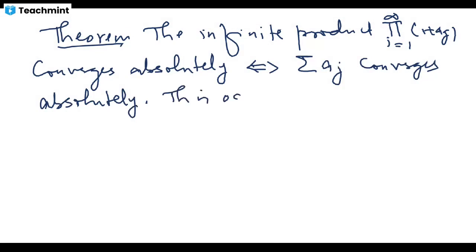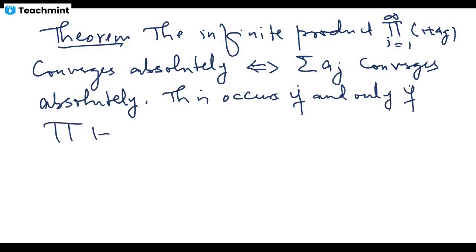This occurs if and only if the infinite product 1 plus mod of aj, j from 1 to infinity, is convergent.